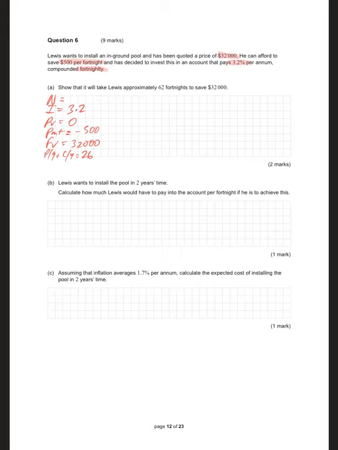Apps, Finance, TVM, 3.2, nothing, negative 500, 32,000, 26. Solve for N, alpha, enter, 61.64 to 2 decimal points. Therefore, it will take 61.64 fortnights, which is approximately equal to 62.